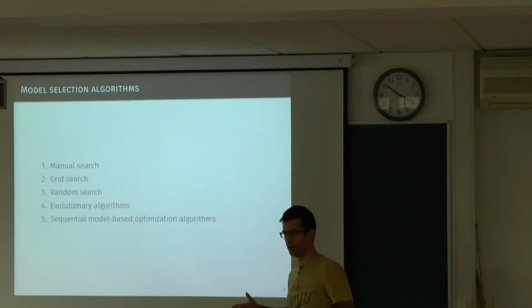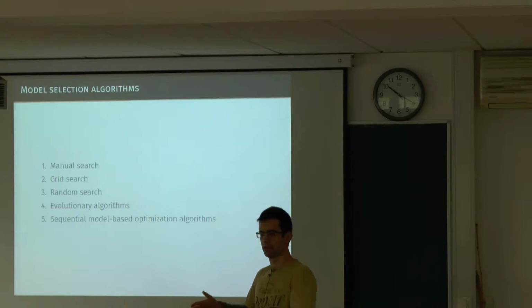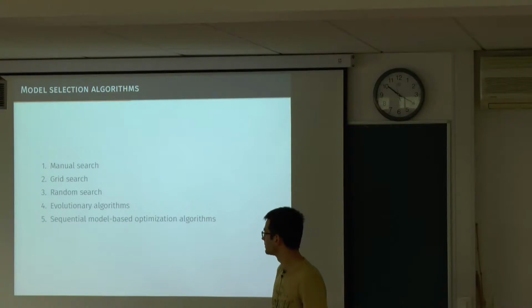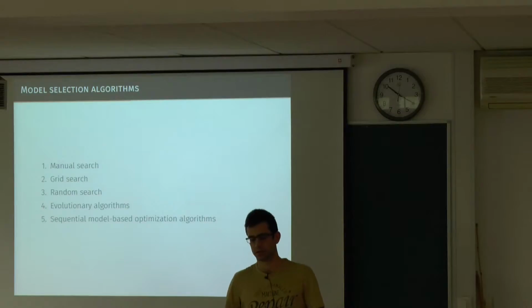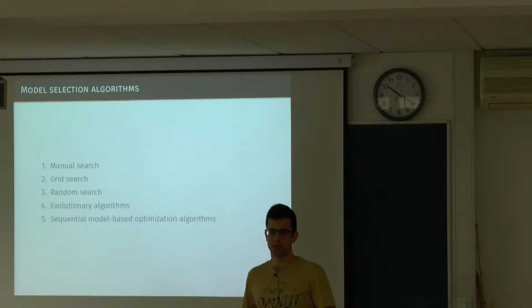And then he guides his algorithm and parameter choosing based on this intuition. Then there's a grid search, where this researcher discretizes the search space and then just tries all the combinations, which is quite time consuming.